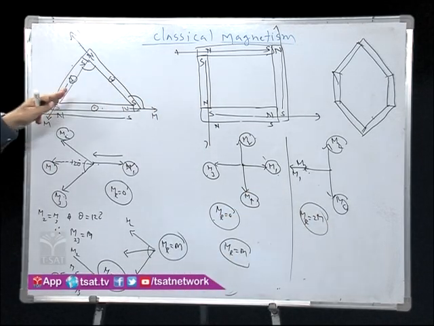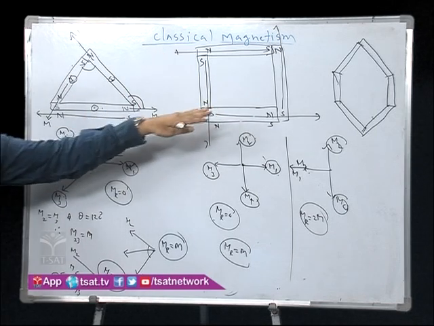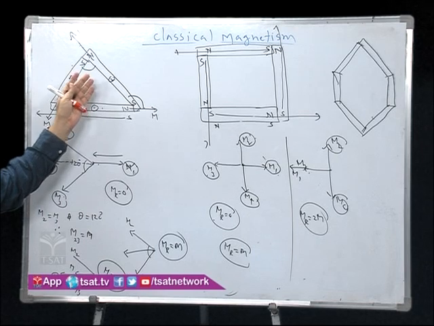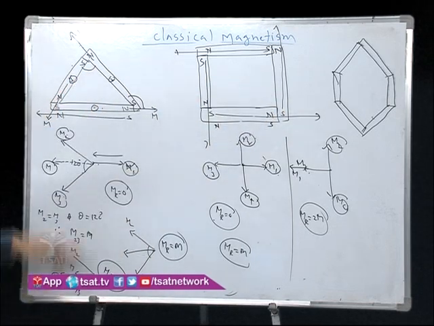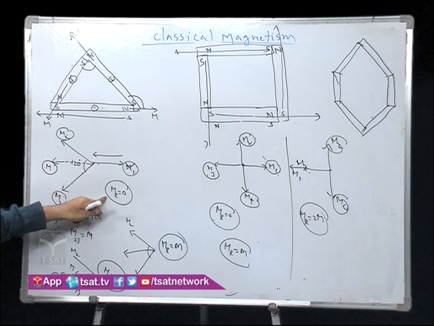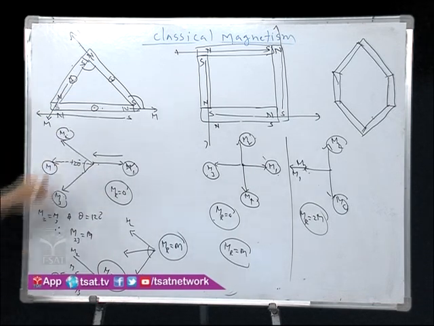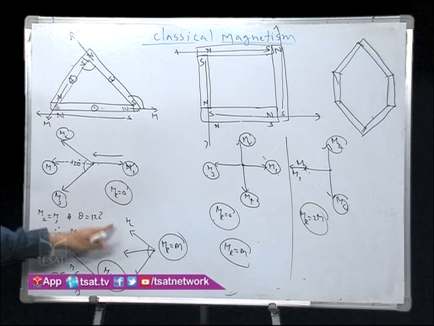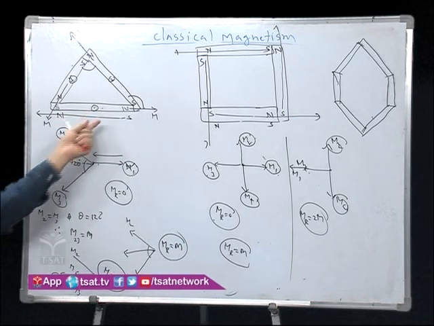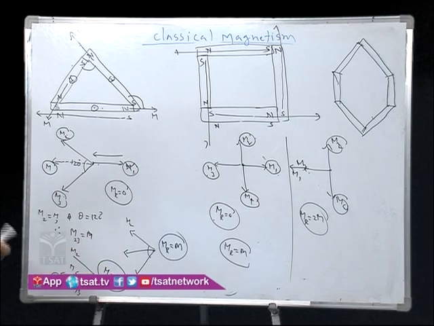So if n bar magnets, 3 vectors, 4 vectors or n vectors, are arranged in order, the resultant magnetic moment is 0. If one of the magnets is removed, the resultant magnetic moment is m. If the magnet is reversed, the magnetic moment is 2m. Okay.